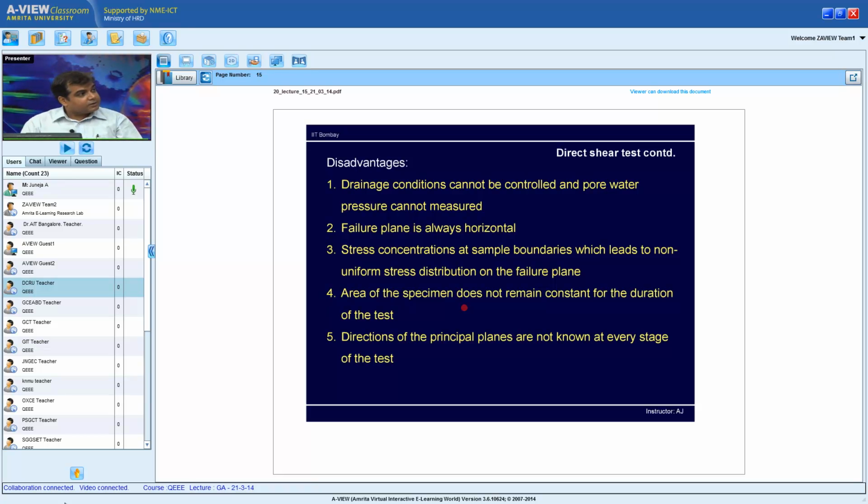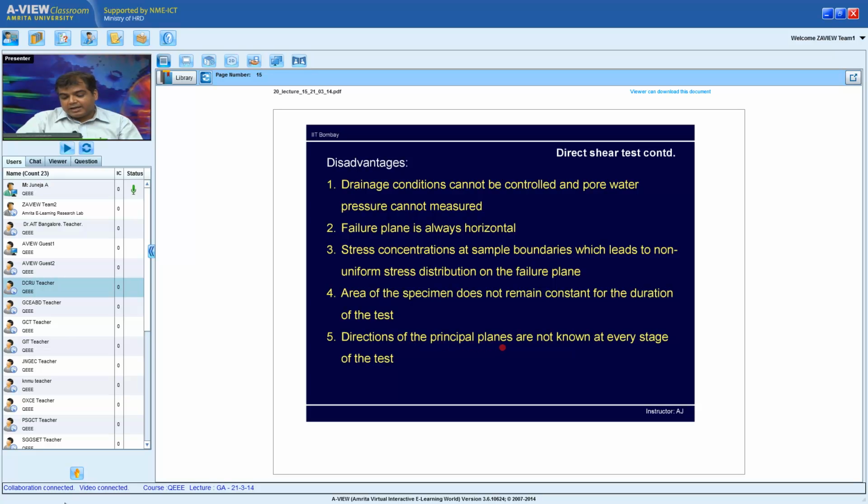Of course, IS code says that for each deformation value, you change the area, whereas some of the international codes say no, you take the area as the same as the starting area. This is of course a point of argument. If you're a research student, I would be more than happy to discuss this with you.